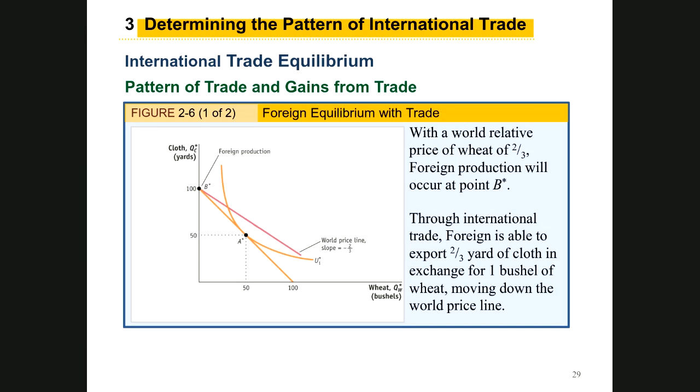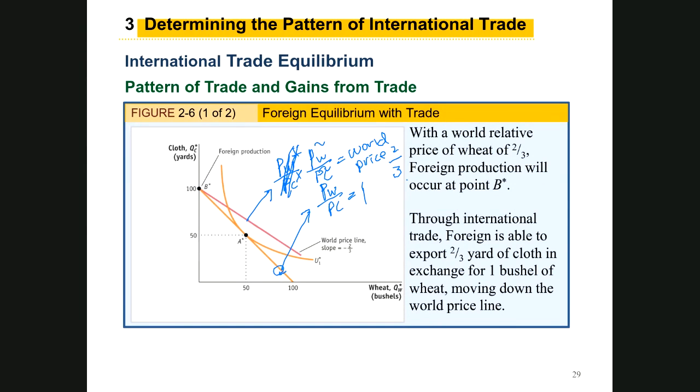Turn our attention to the foreign country. This is my original production possibility frontier. Now this is my new resources, or you could say the trade price, world price line, which is equal to 2/3, right?